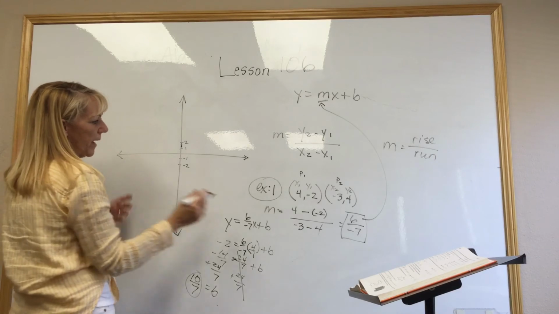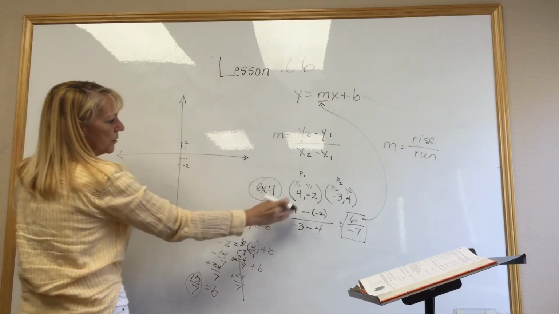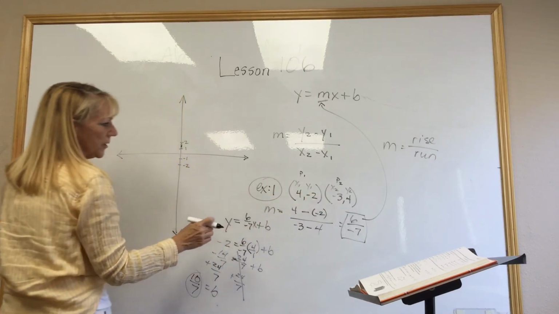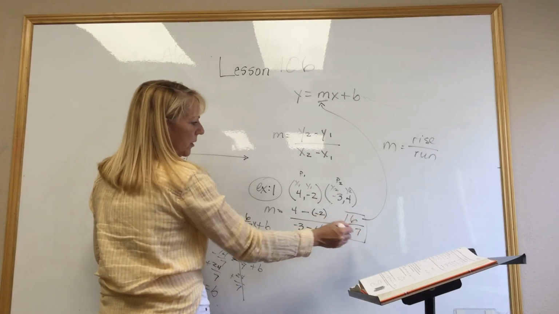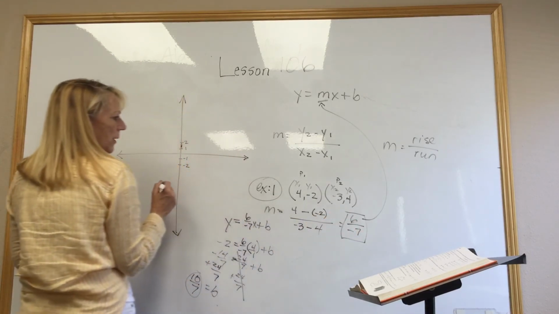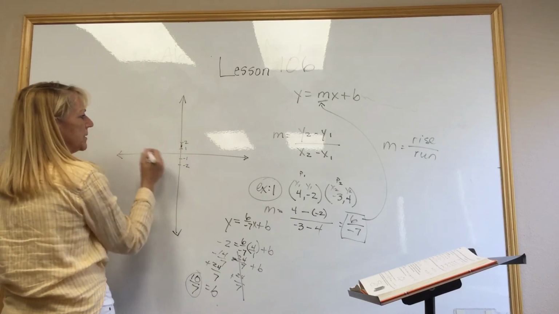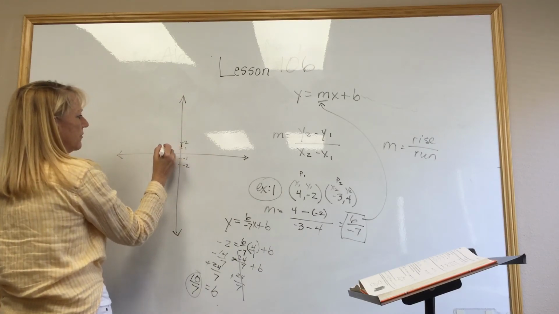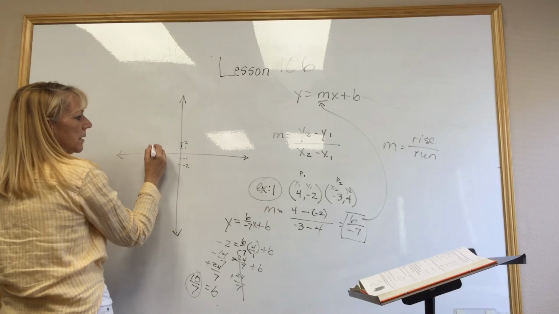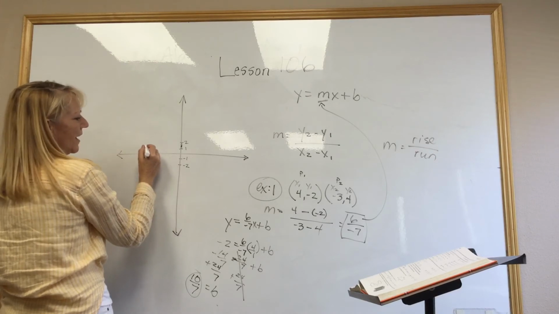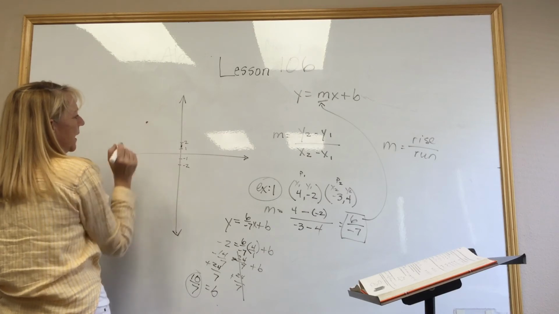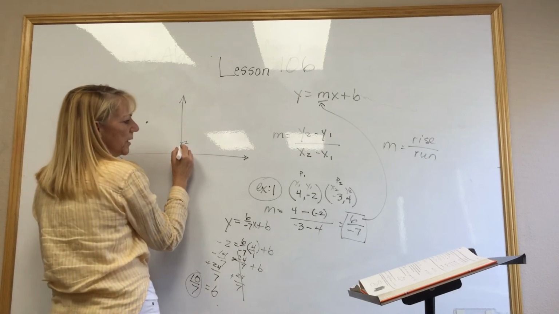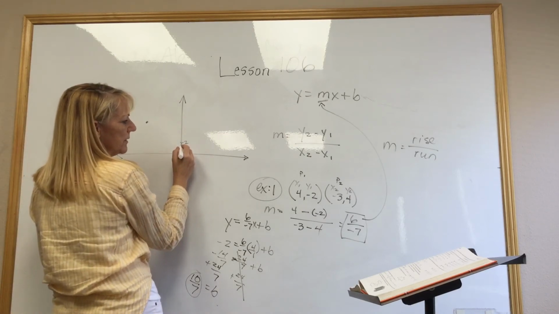And then I have my other coordinates here. I can use my slope, which is 6 over -7. So that would be back 7, up 6. 1, 2, 3, 4, 5, 6, 7. 1, 2, 3, 4, 5, 6. And then I would do the same thing here, but the opposite: I would go over 7, down 6.